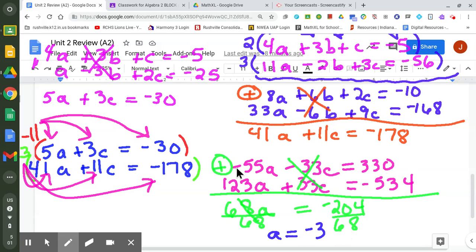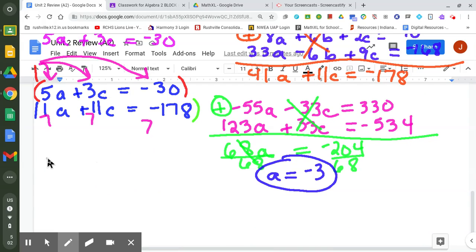So that was to find one of the variables. And so now I can take this a equals negative 3, and I can put it back into either this blue equation or this blue equation. And once I do that, I'll be able to get c. So we're going to scroll up so we've got some more room.